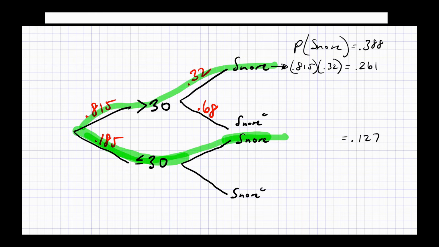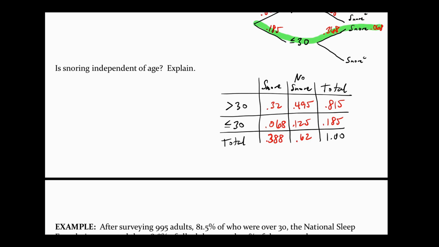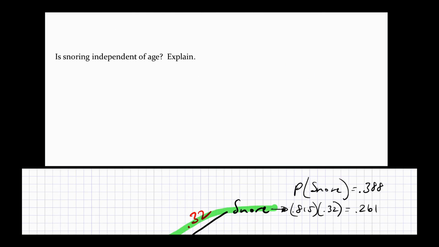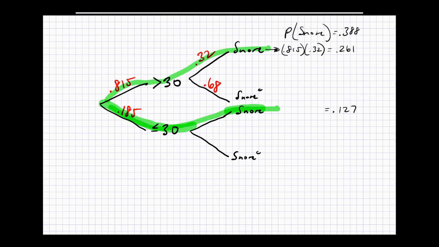So then 0.127 divided by 0.185 is 68.5, which is not what we got. From there to there, I made some sort of mistake, but I can't see which mistake I made.